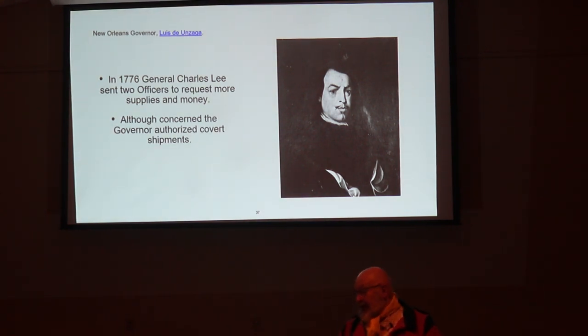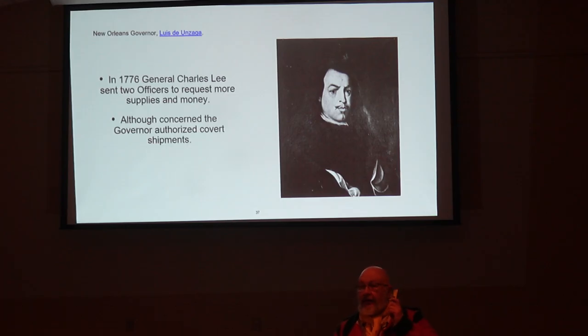In 1776, General Charles Lee sent 2 officers to request supplies in New Orleans, and got some success, not much. The governor authorized covert shipments, but still, you look at where New Orleans is, and you look where the 13 colonies are, you're not shipping it from there land-wise. You're having to go all the way around.